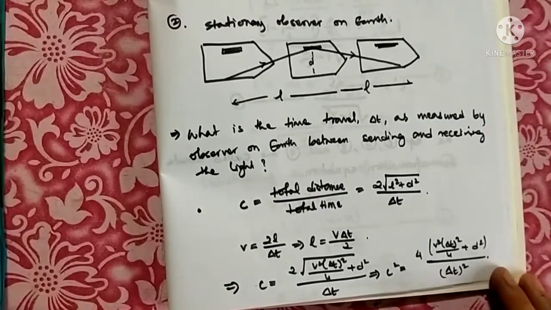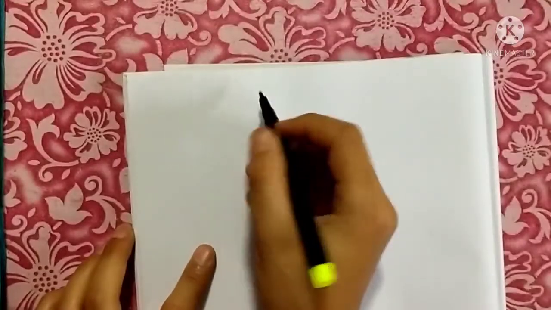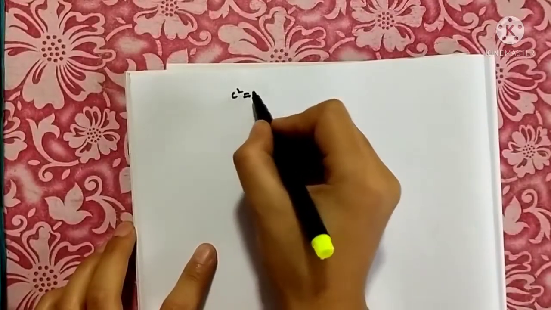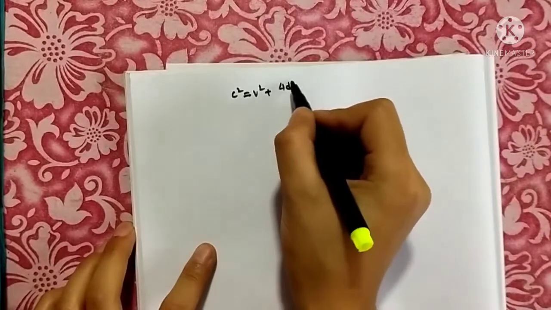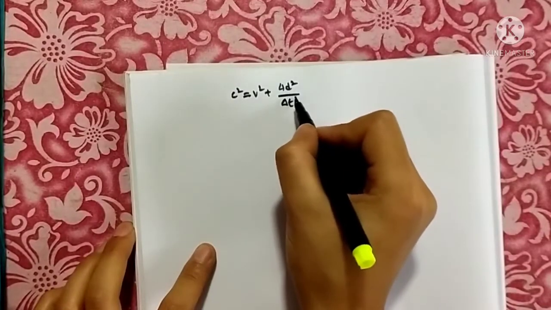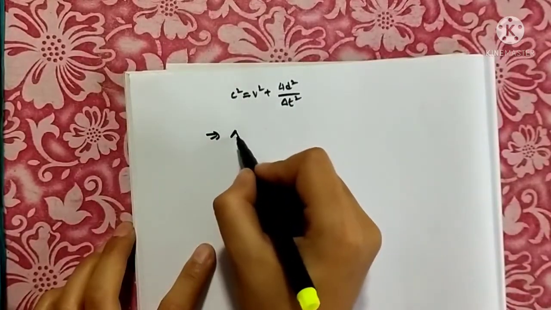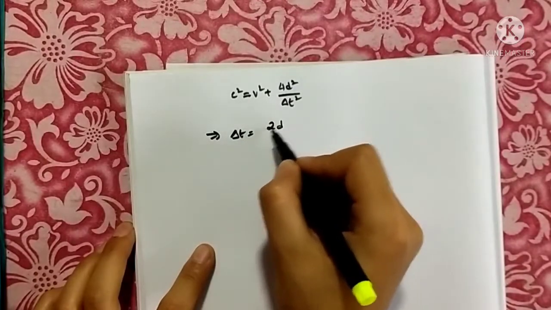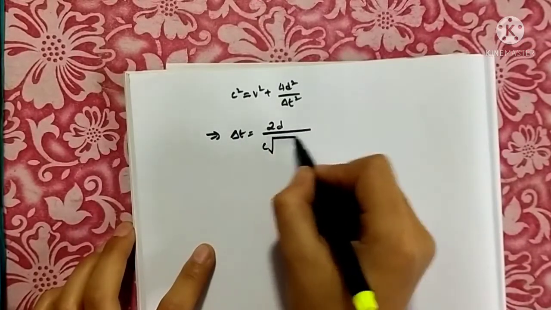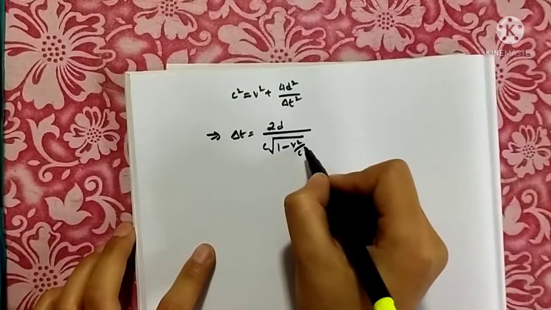Now c square is equal to v square plus 4d square by delta t square. It implies that delta t is equal to 2d by c under root 1 minus v square by c square.